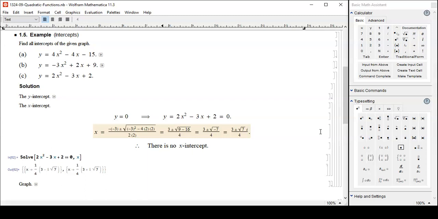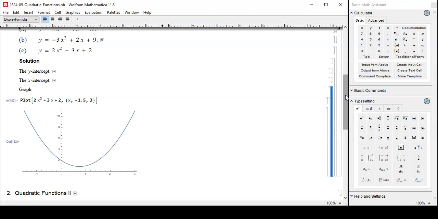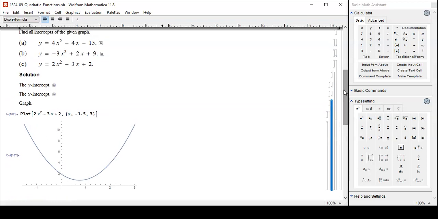So that means there's no real root. In other words, there should be no x-intercept. Let's see. Is that really the case? And indeed, yes. The a value is positive, so concave up. But the minimum value k turns out to be positive as well, so there's no crossing. So no x-intercept.